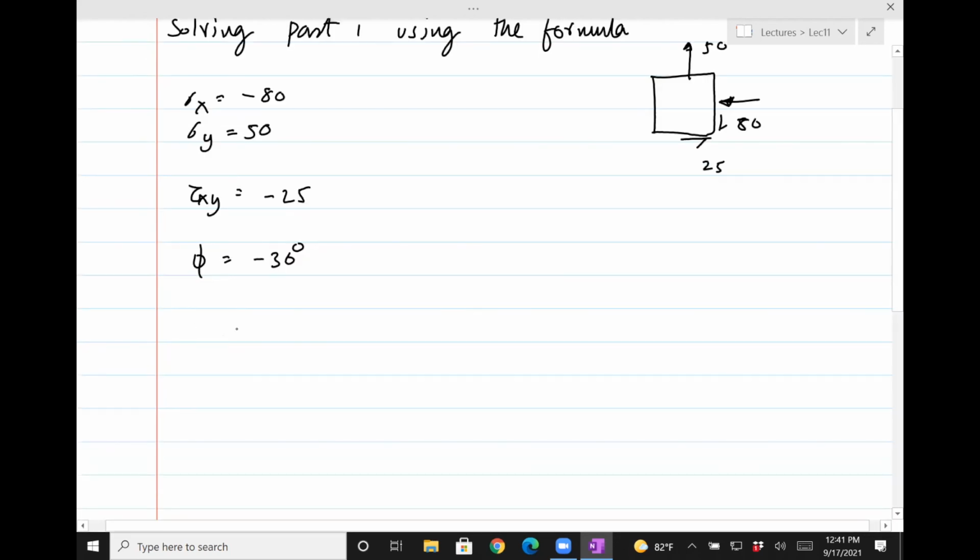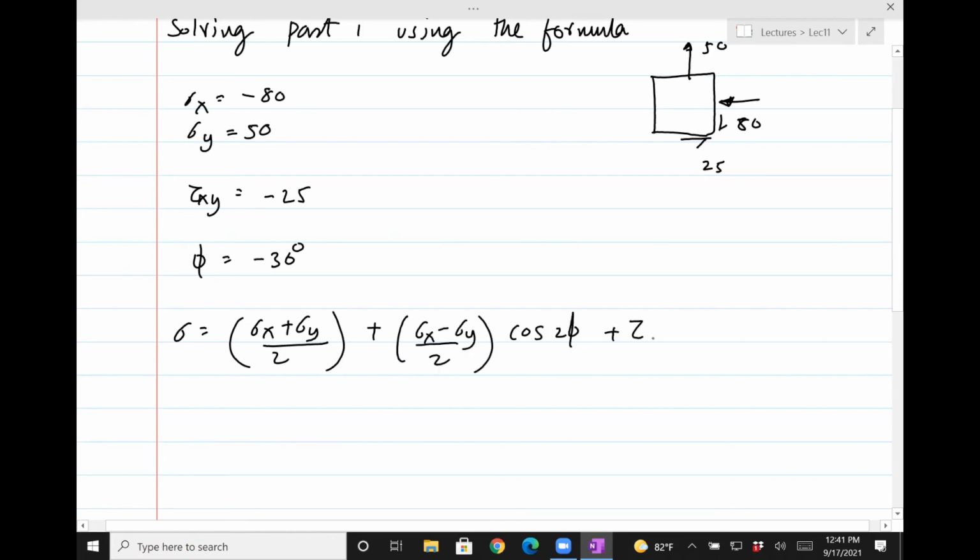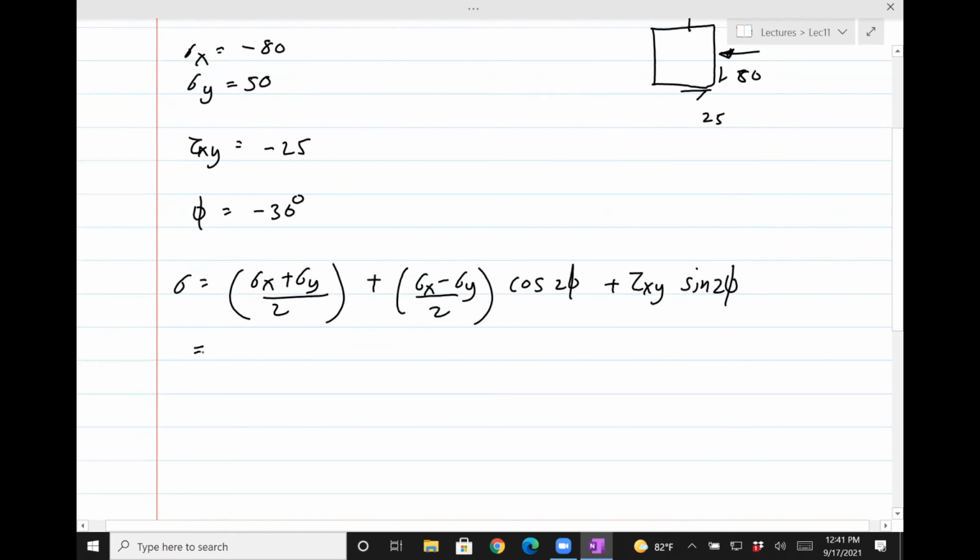So sigma equals sigma x plus sigma y divided by 2 plus sigma x minus sigma y divided by 2 cosine 2 phi plus tau xy sine 2 phi. Plugging in all those values, you get minus 25.85. Just believe me now, or you can do the calculation yourself.